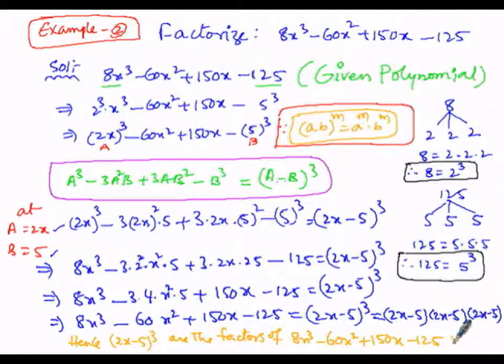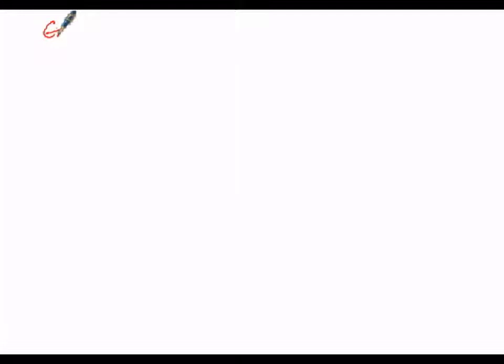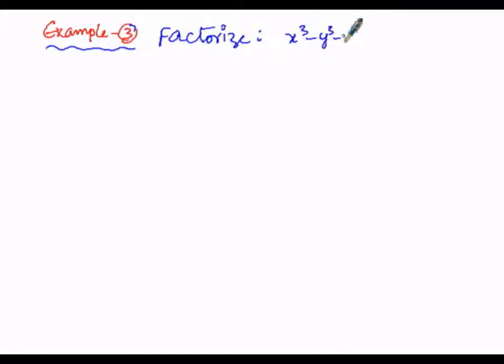So in the similar manner, let us perform one more example, that is example number 3. In example number 3, let us factorize x cube minus y cube minus z cube minus 3xyz.